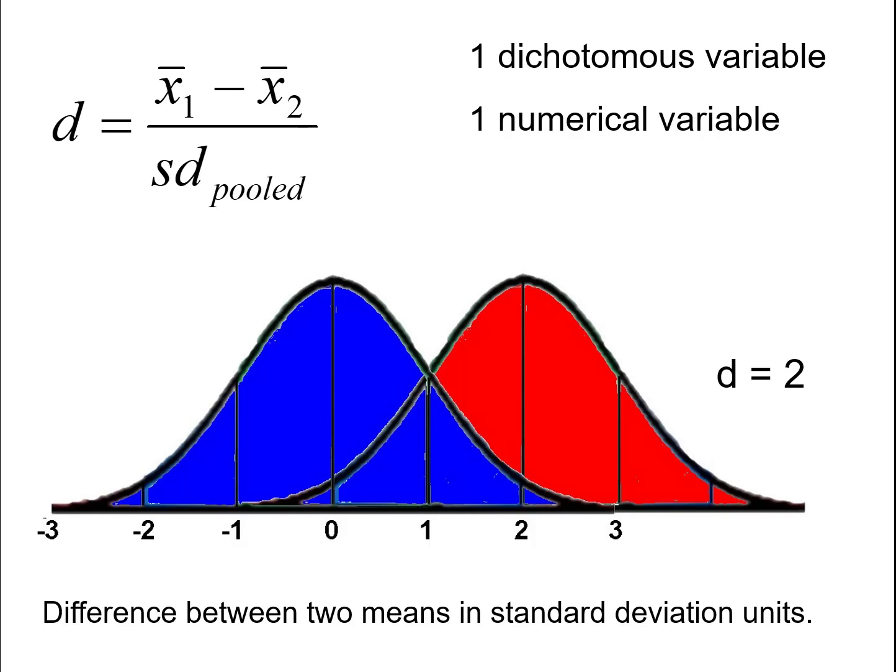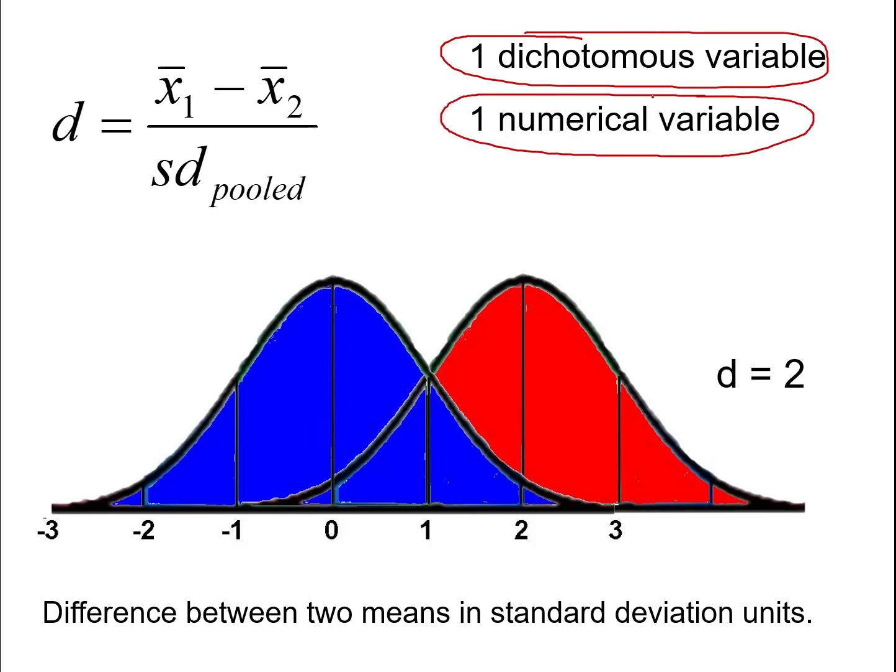A d-statistic is most sensible to use in a situation where you have one dichotomous variable and one numerically scaled variable. A good example of this would be if you're doing a clinical trial or an experiment where you have a treatment group and a control group.